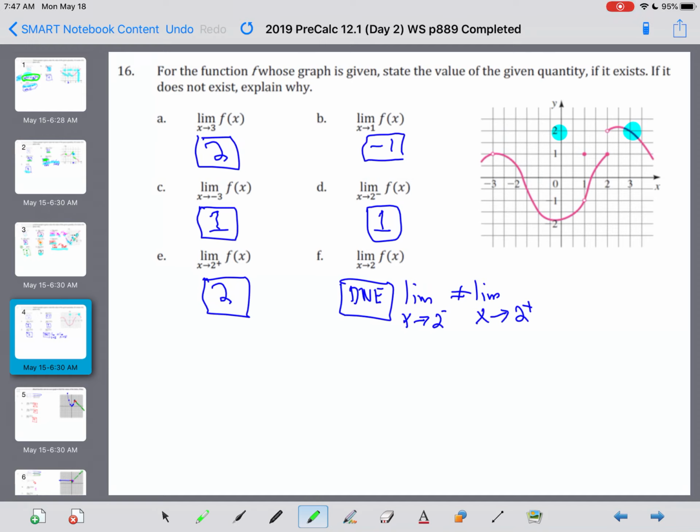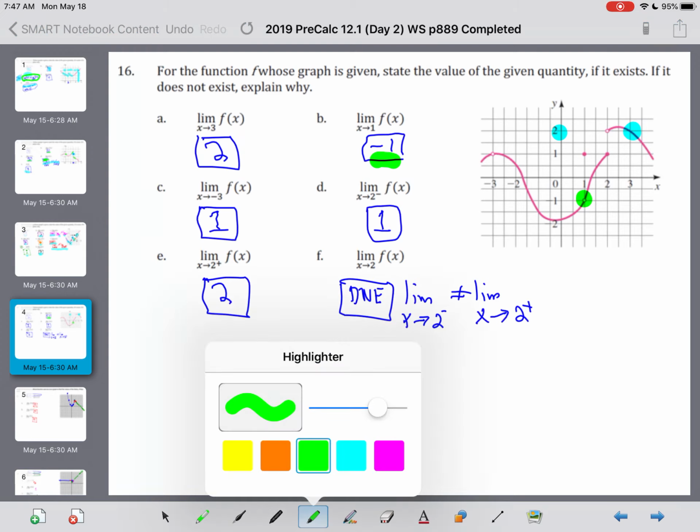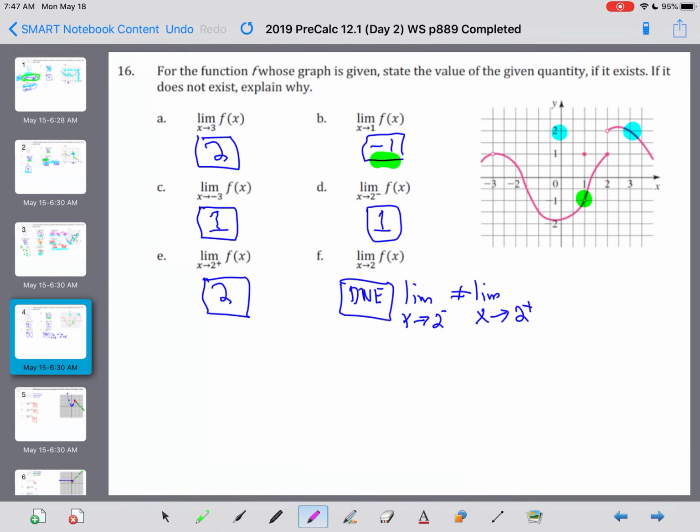For this one here, as the limit of the function as x approaches 1, right here you can see how it kind of is coming together at that open dot, so that would be -1. Okay. This next one, as the limit of the function approaches 3 from the -3 out here is right here. So again, they kind of converge on 1. So we get that.